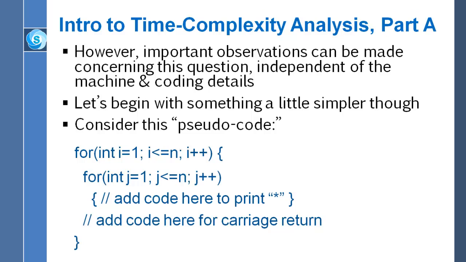In Java, that would be System.out.print with double quotes around an asterisk, and in C++, it would be cout with double quotes around an asterisk. And then after the inner loop, let's assume that a carriage return is printed.